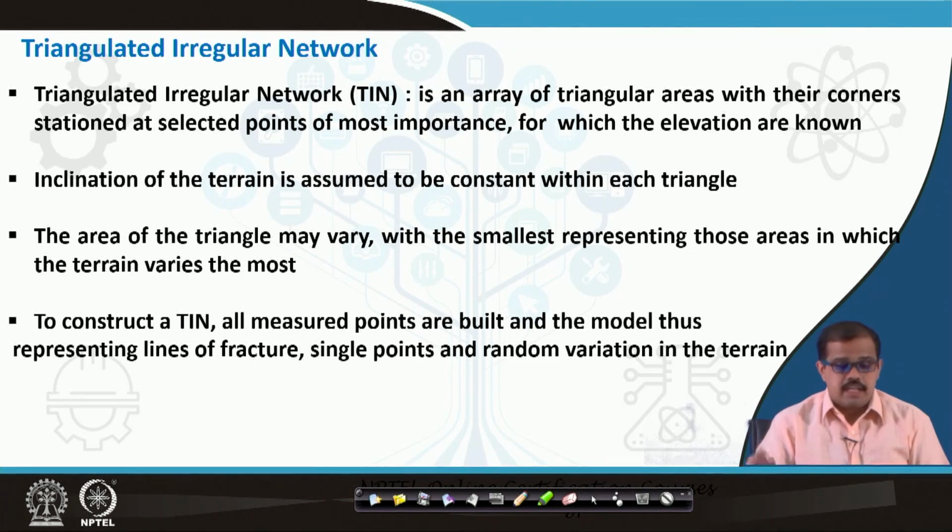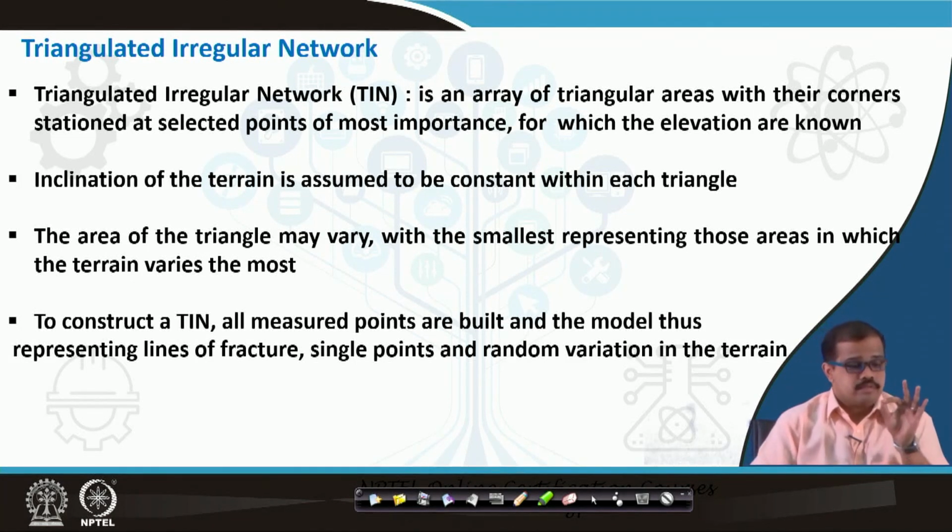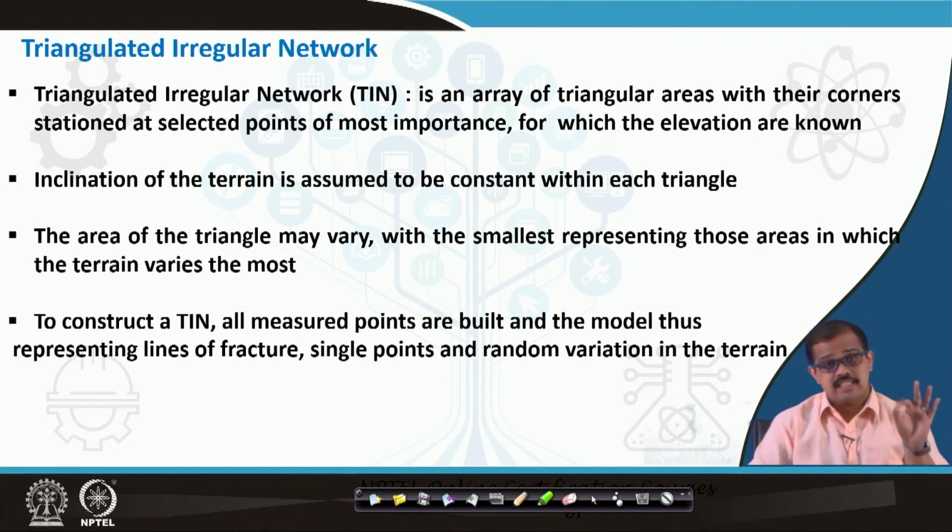The area of a triangle may vary, with the smallest triangles representing those areas in which the terrain varies the most. So when there are terrain values that are changing, that is where you have the smallest of the triangles. The largest of the triangles is where you have the least variation in the terrain.